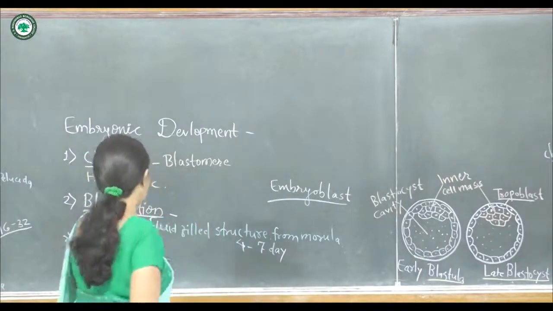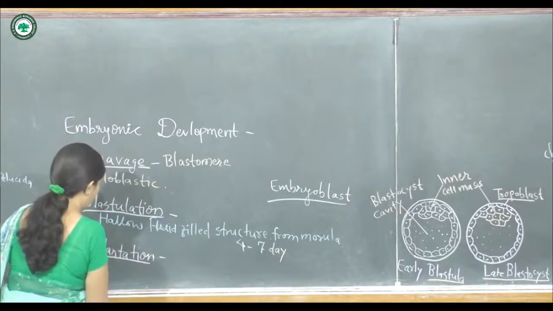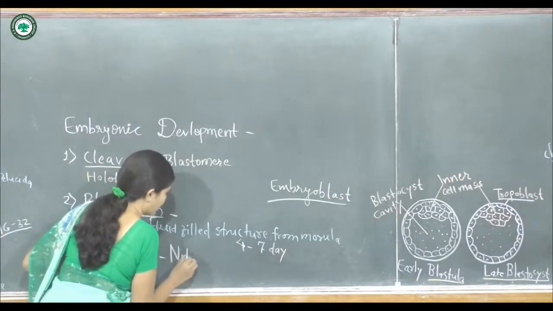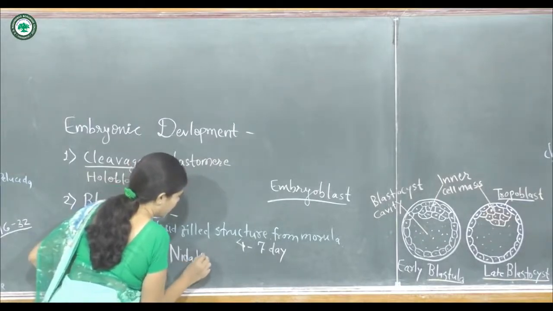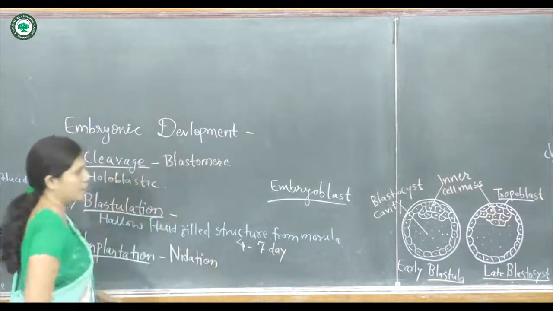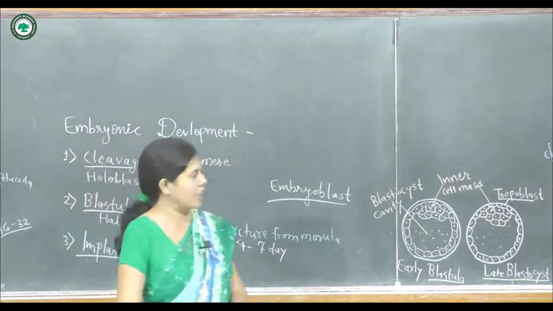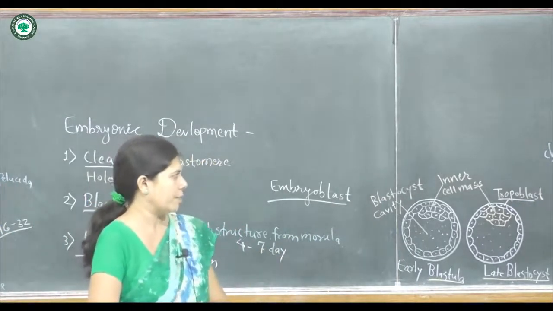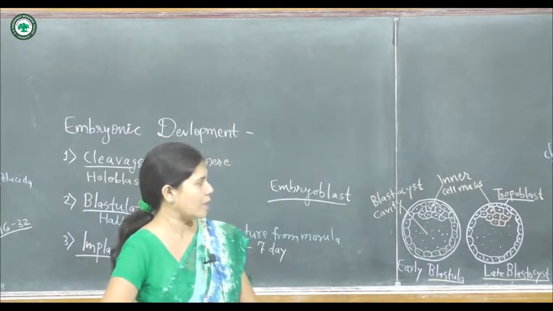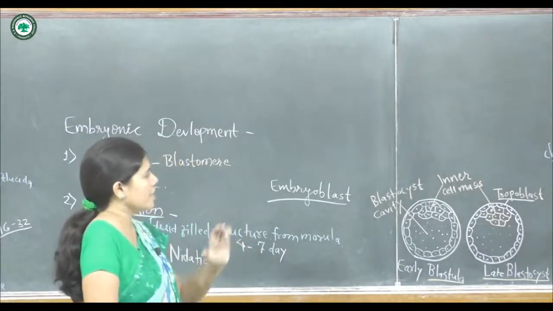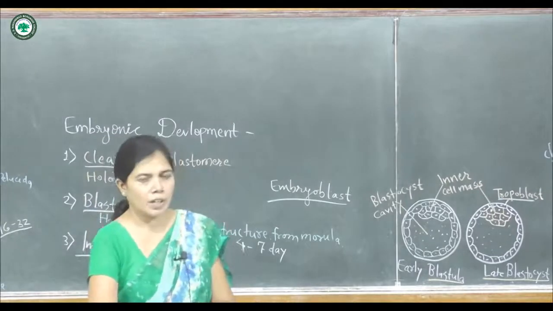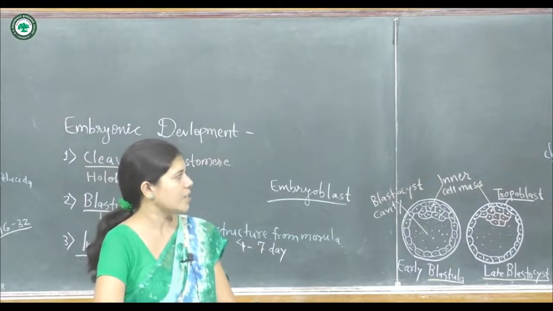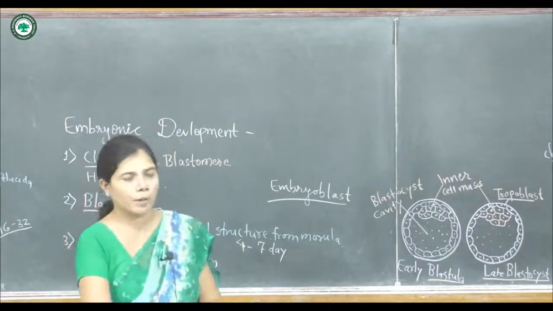Okay, in the implantation process, the implantation is also known as nidation, in which the blastocoele cavity of the blastula is present, and the inner cell mass, or the embryoblast, is attached to the endometrium layer.